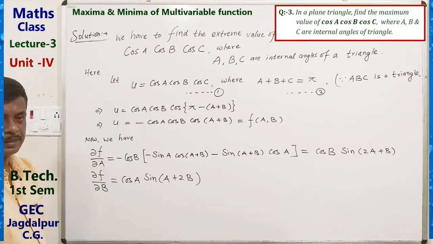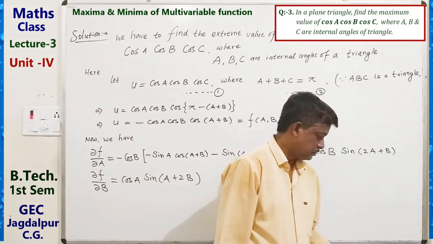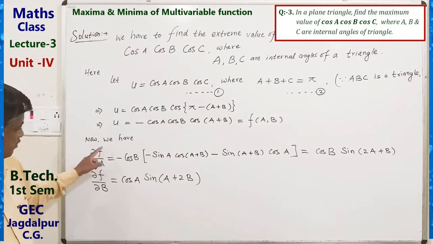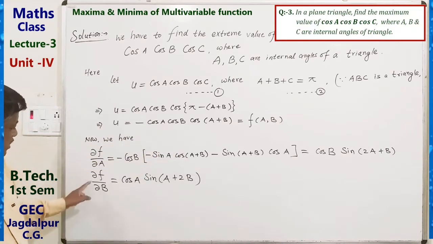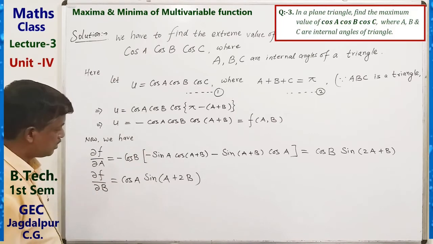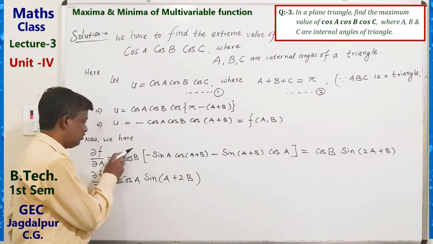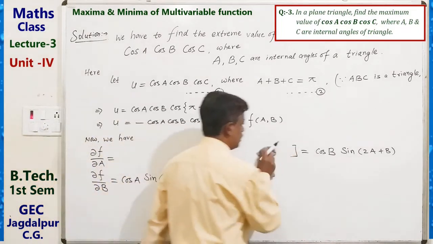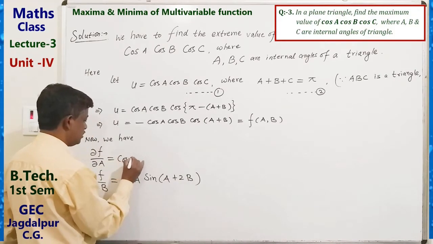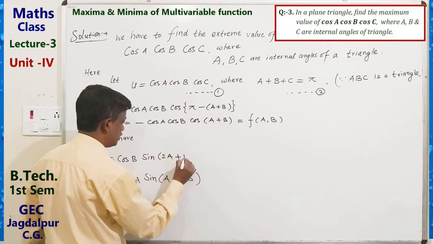Clear? Differentiate it with respect to A and B partially, then you can get cos B sin (2A plus B) and cos A sin (A plus 2B).